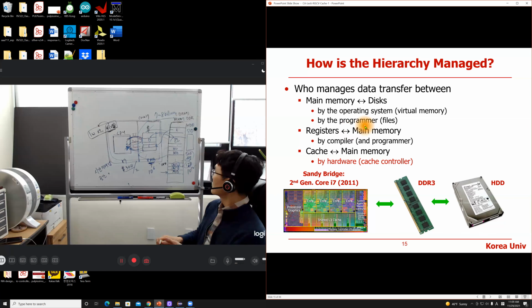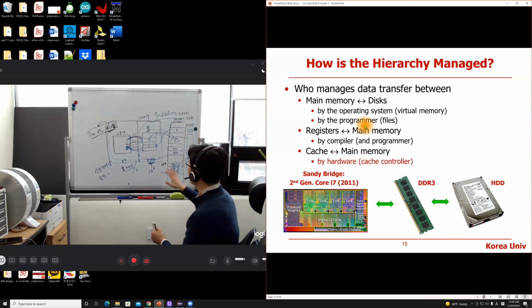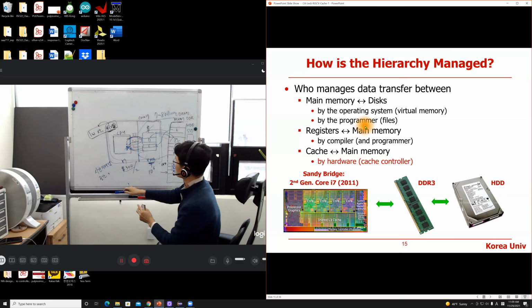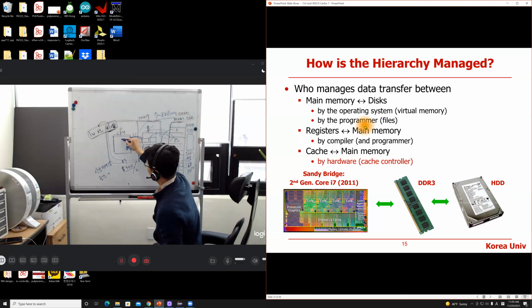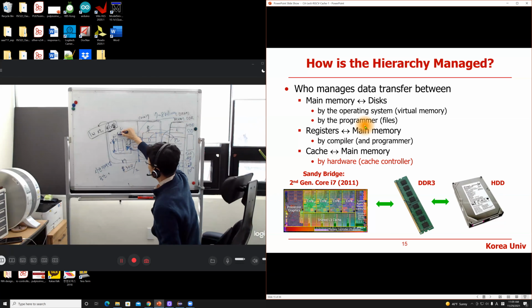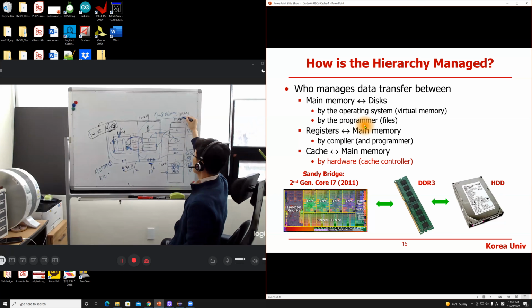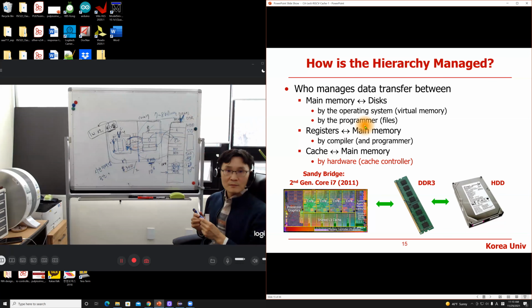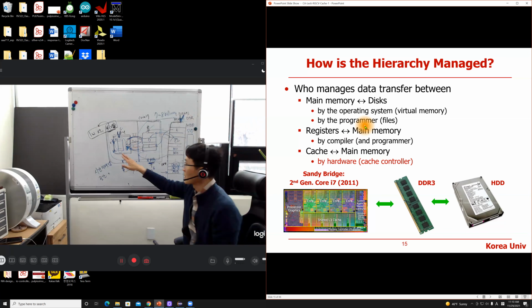And how about data transfer between main memory and this register? We have the CPU, right? Register file. We have X0 to X31 registers, 32 registers. Who manages data transfer between that and main memory? You, right? You wrote some program like this, right?